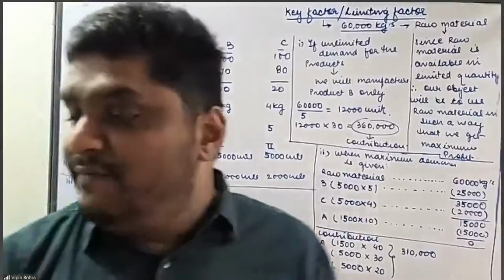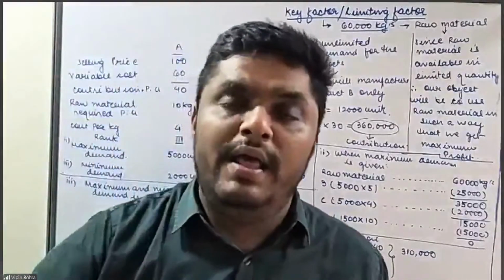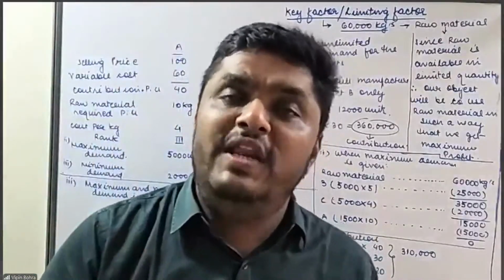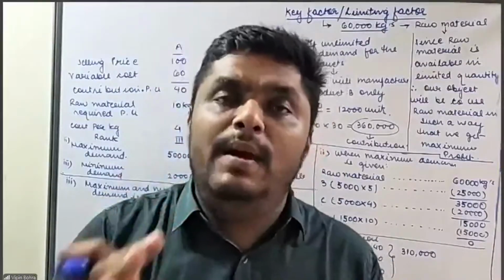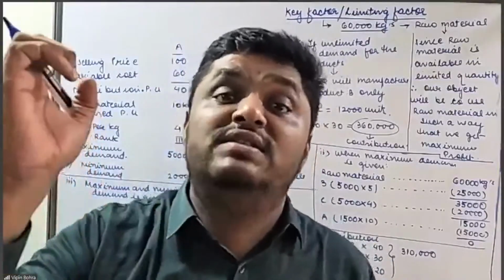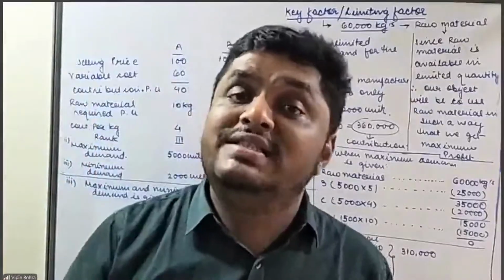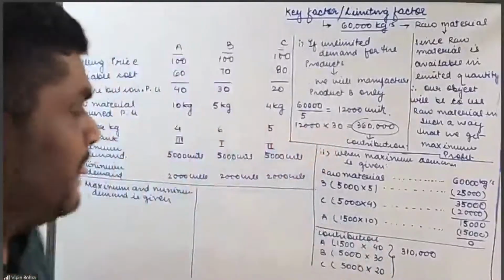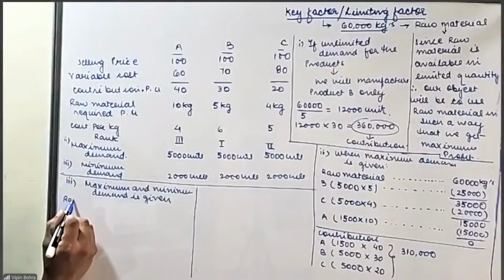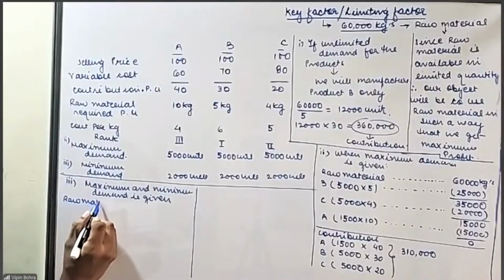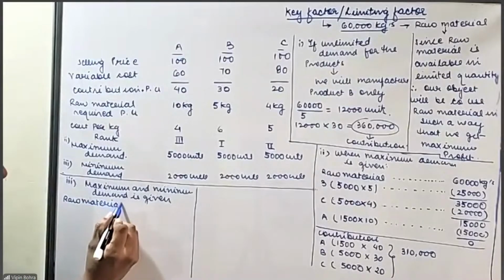Maximum demand is 5,000 units of a particular product and the minimum we have to manufacture is 2,000 units of a particular product, to sustain in the market. So we have raw material, how many kgs? 60,000 kgs.